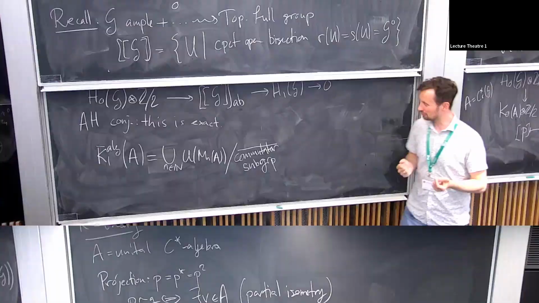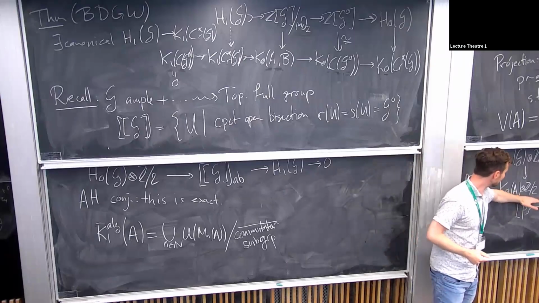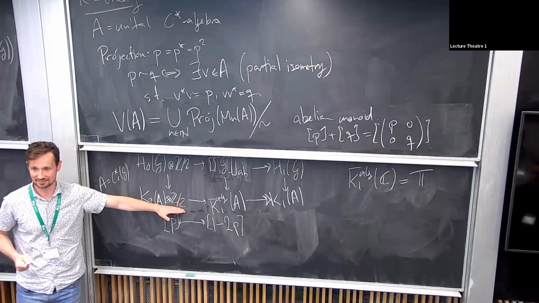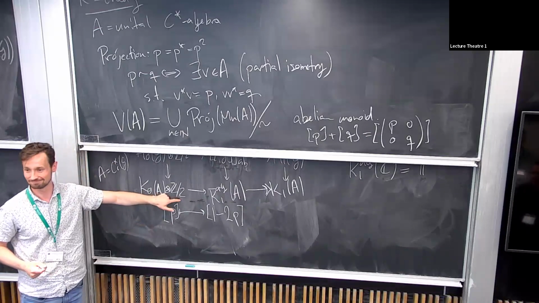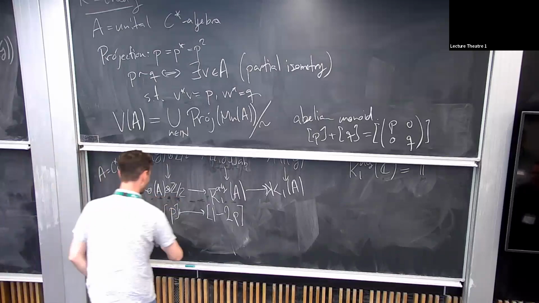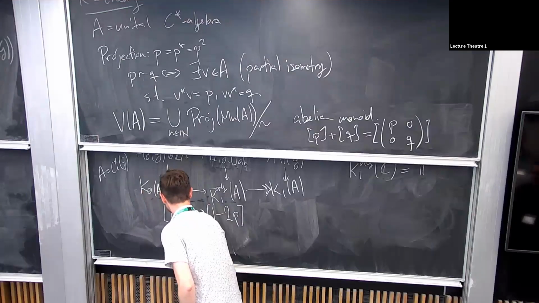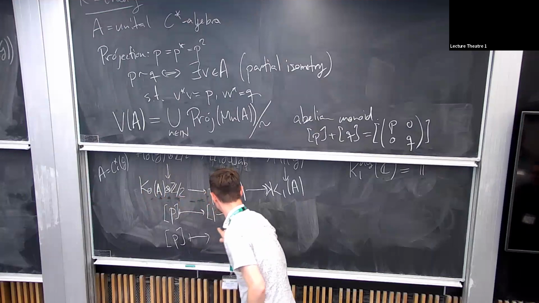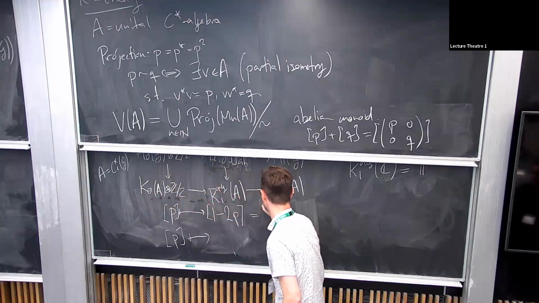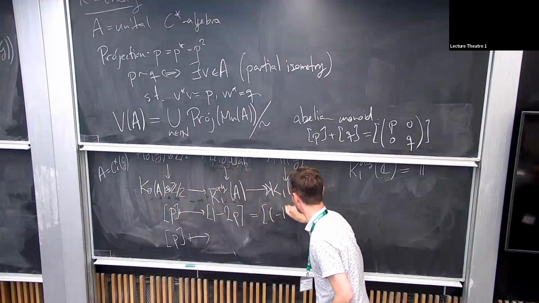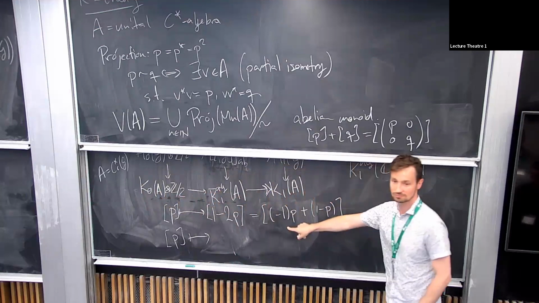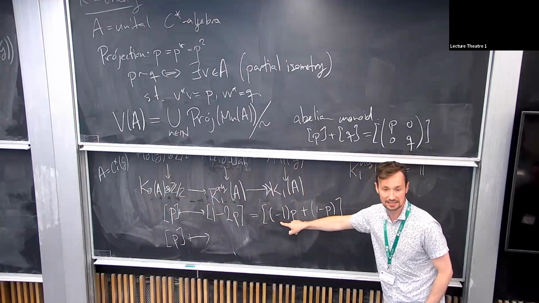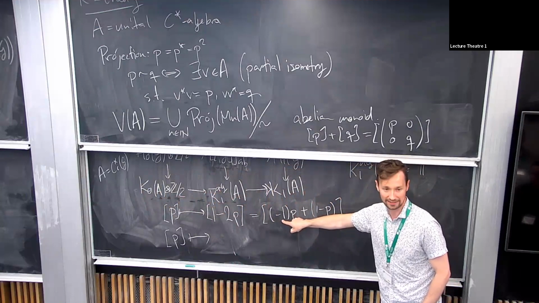And one thing I was wondering, because we don't only have a map like this, we also have a map from K0 tensor Z mod n. What we do with Z mod n is that we could think of this as being -1 times P plus 1 minus P, and then I just tweak this -1.